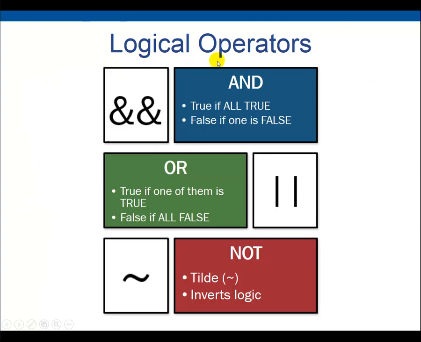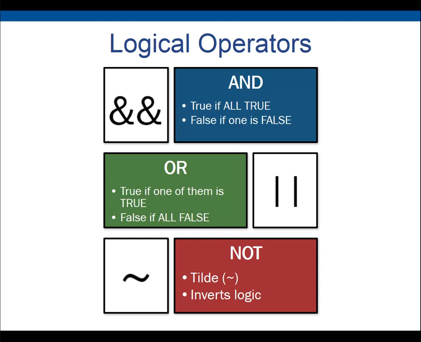How about the logical operators? We already learned this concept in the Excel workbook, but let's review again. This is the AND operator, so we have two ampersands. When the logical operator is AND, that means if there are 2 conditions, it's true if all the conditions are true.